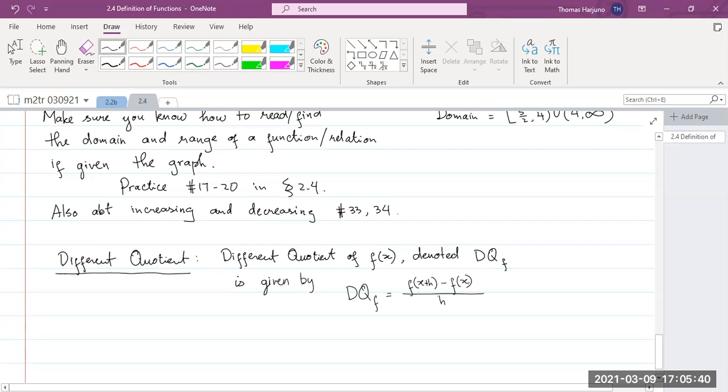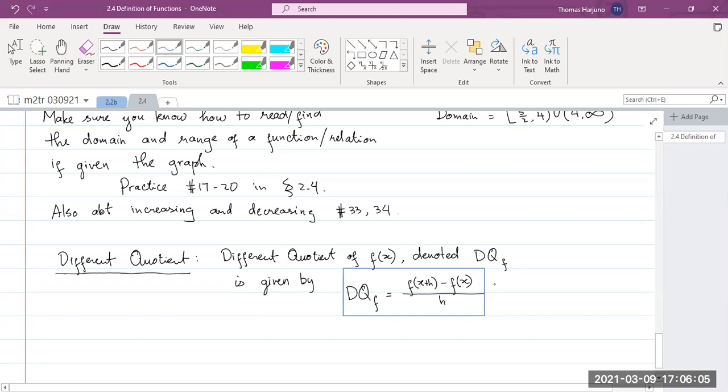This is one very important foundation, a cornerstone for your calculus later on. Very, very important. In my class, I will still give you this formula.